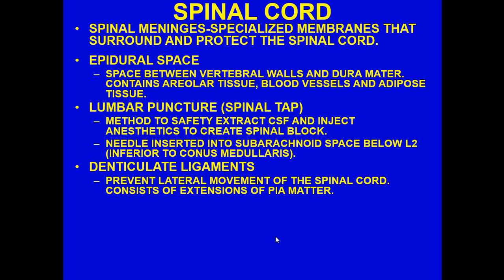I'm going to show you some cadaver pictures in a second, but there's a really cool part of connective tissue that will prevent lateral movements of the spinal cord. This is called the denticulate ligaments. These are basically extensions of the pia mater. Now think about this. We've got prevention of longitudinal movement by the filum terminale, and now you've got lateral movement prevention by the denticulate ligaments.